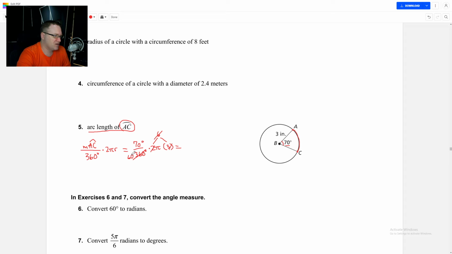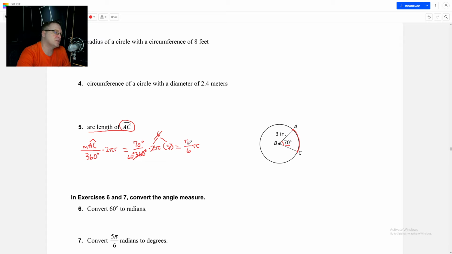So we have 60 degrees down here, 70 degrees on top, and then the pi is left over. So 70 divided by 60 is 7 over 6, and then we just have pi left over.